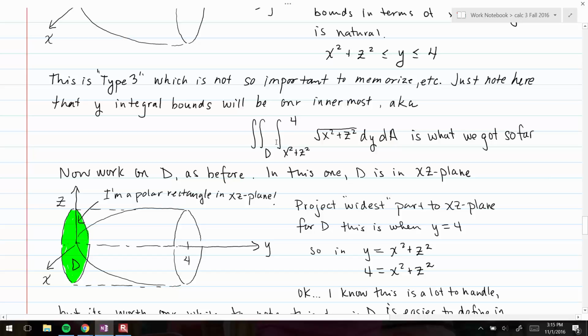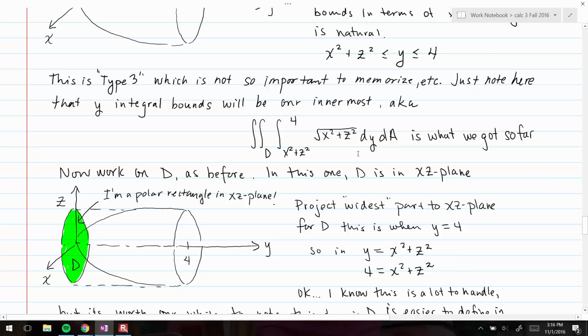So then you can maybe start plugging that into your double outer integrals, but then noting, okay, actually this would be easier to do in polar.